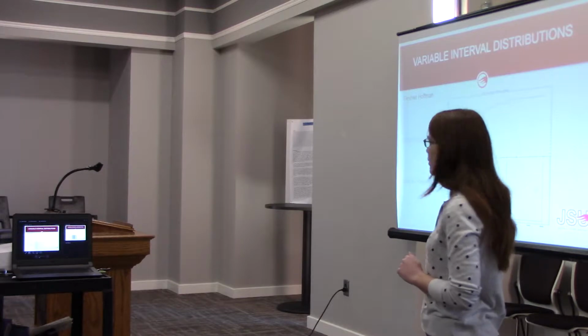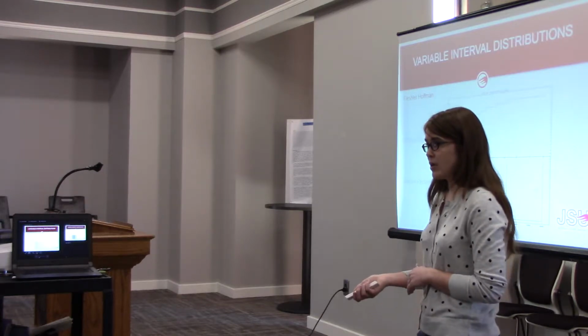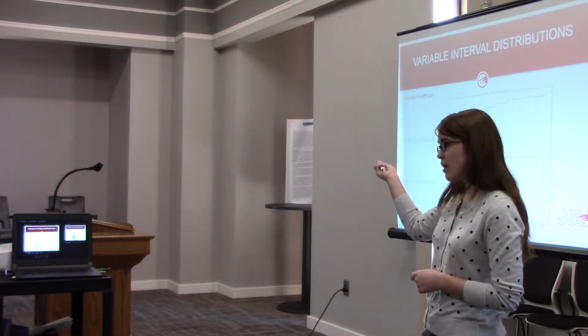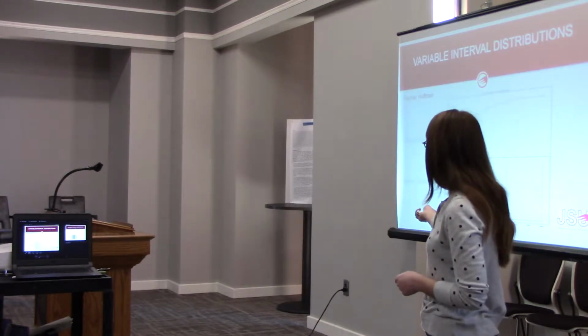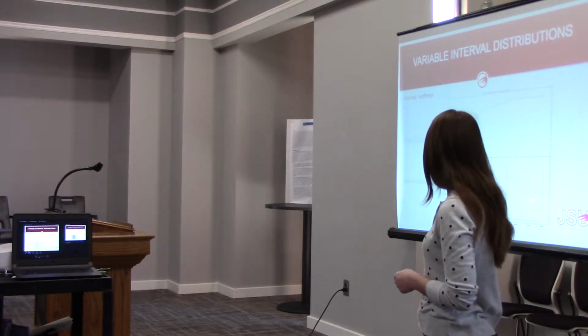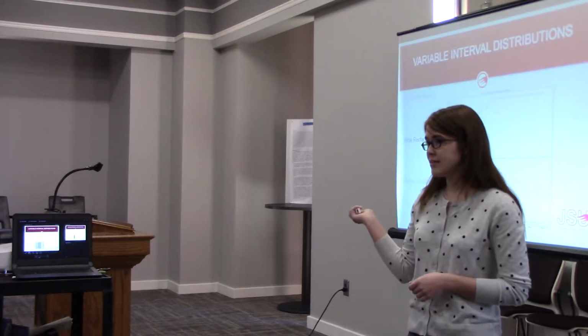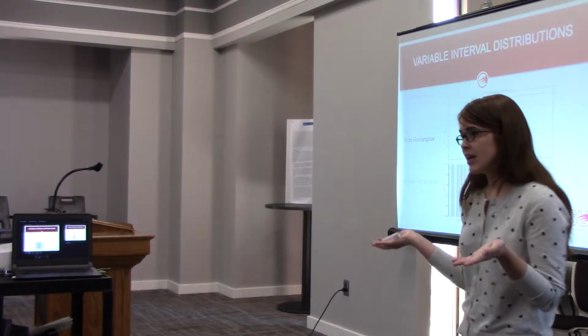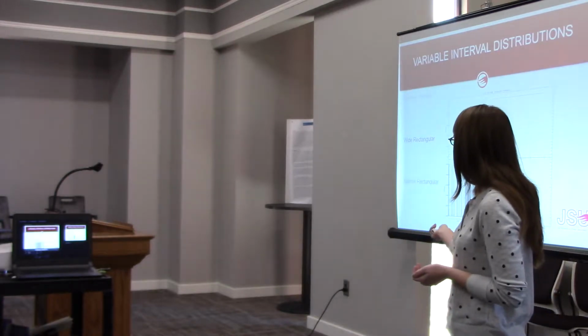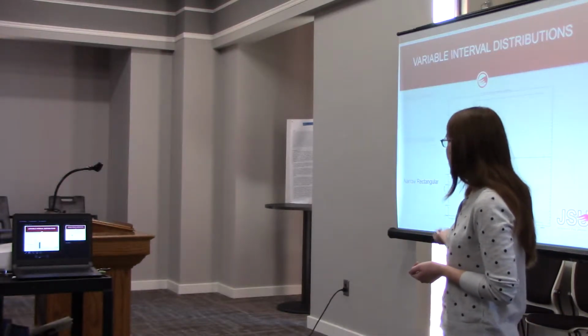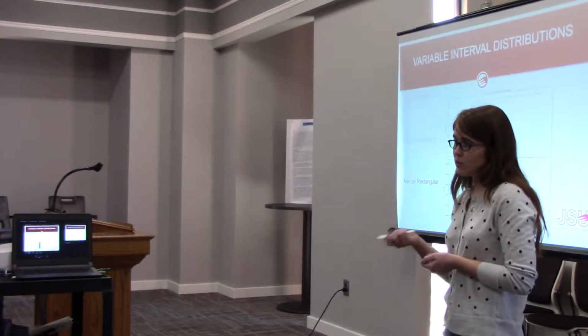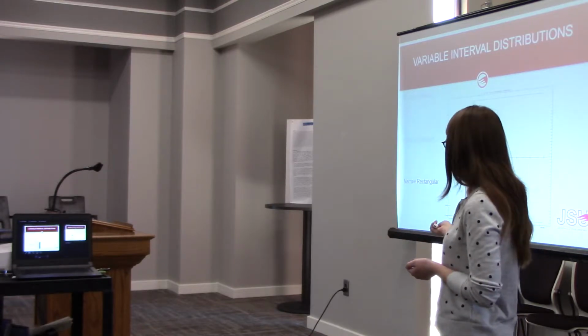These lines tell you when a reinforcer delivery is going to happen. The Fleshler-Hoffman is a constant probability schedule, with some short delays and some long delays. The wide rectangular distribution looks like this, anywhere from about 0.5 seconds to 40 seconds. And the narrow rectangular looks like that. It actually looks more like a fixed interval than a variable interval because you've got that pause right there at the beginning.